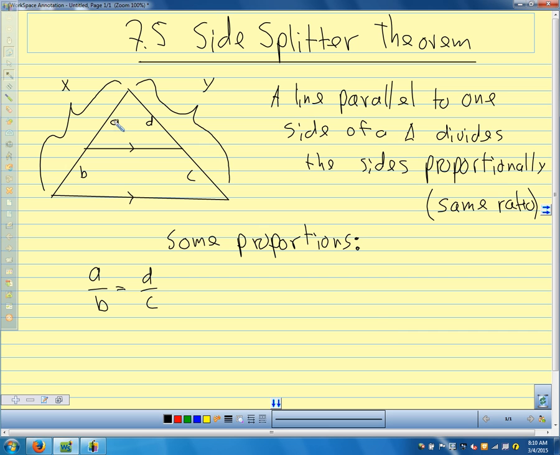So I'm matching the top part over the bottom part, top part over the bottom part. I could say X over B equals Y over C. That whole side divided by this piece equals this whole side divided by this piece.